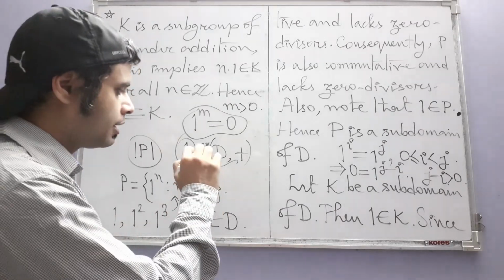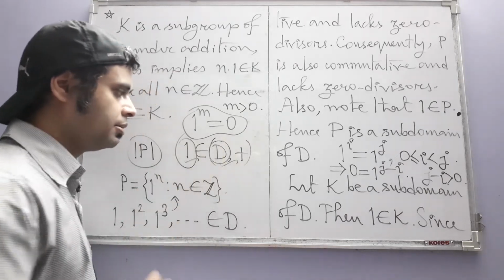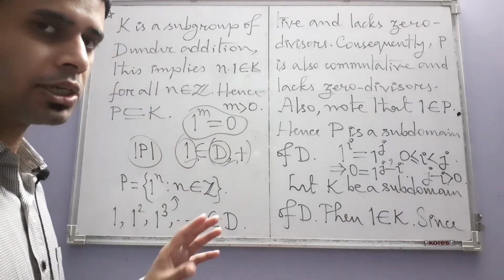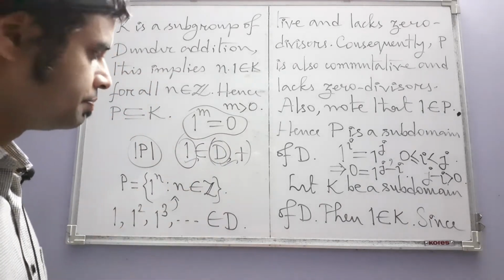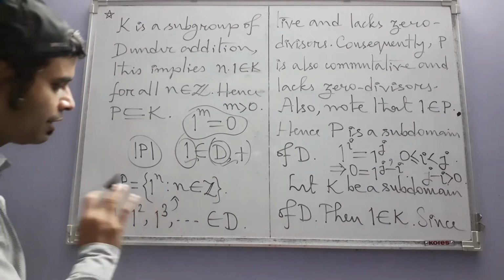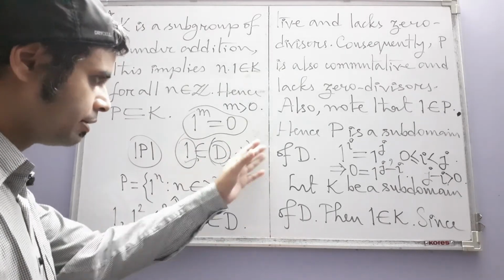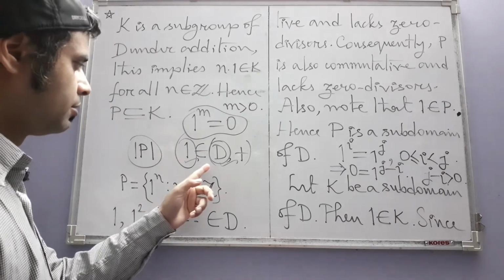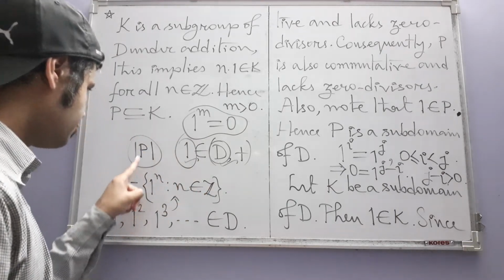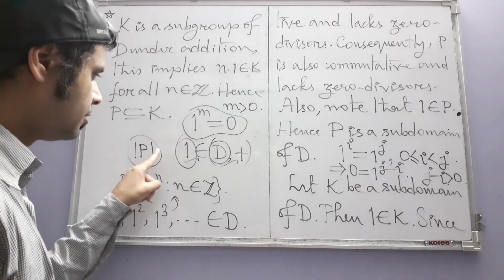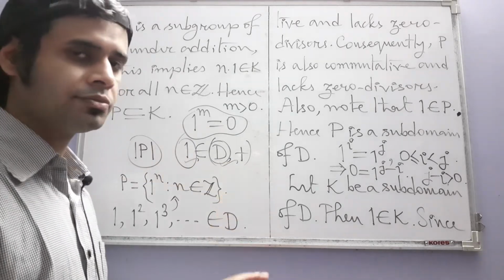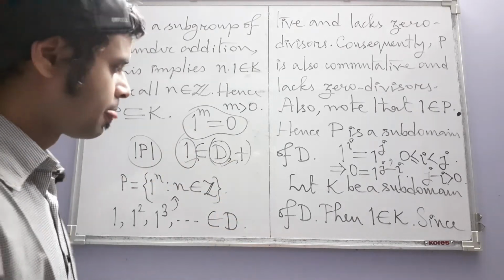It's the characteristic of the integral domain D. That's what it is called in ring theory. So what we have in fact seen in all these things is that the order of P is equal to the characteristic of the integral domain.